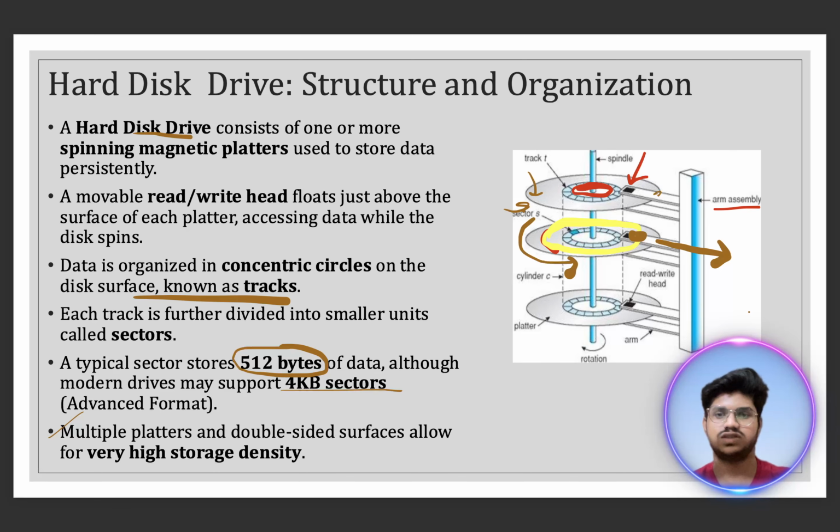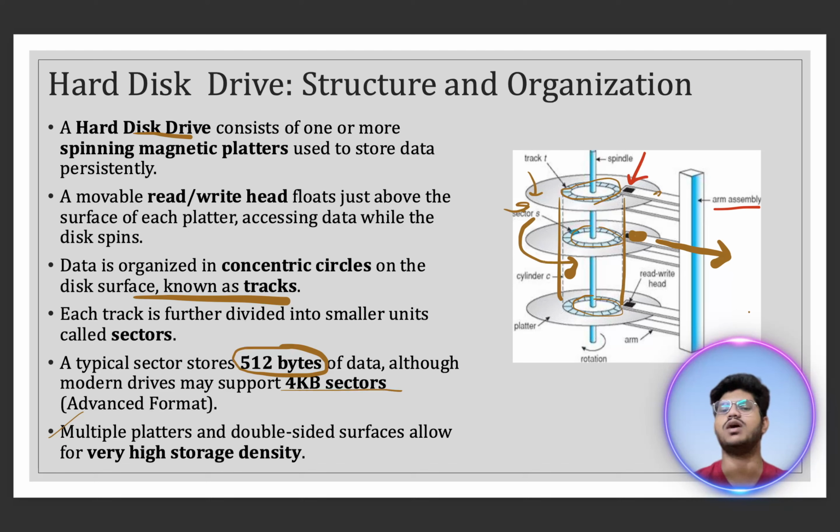So if I remove this annotation, this is a particular track, this is a particular track, this is a particular track. If I stack all those tracks, they form a cylinder. You can see that this cylinder has been drawn. So this is known as the cylinder.